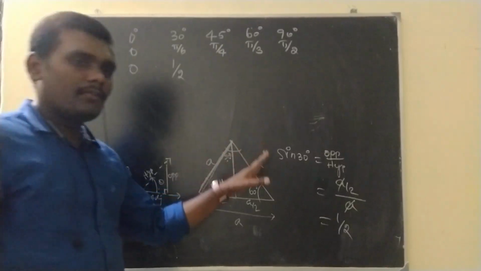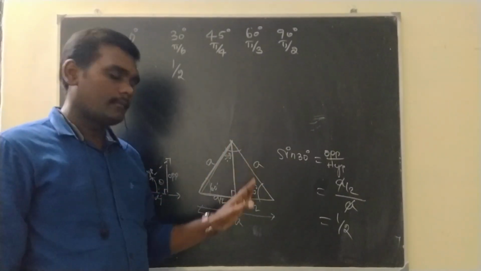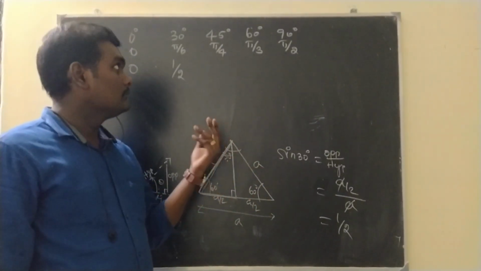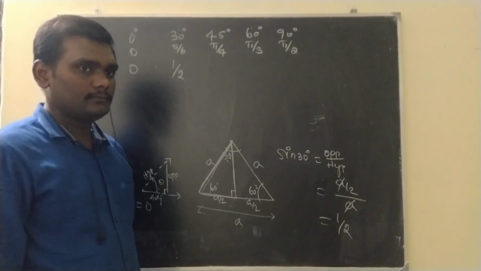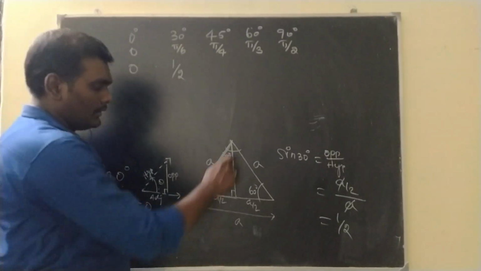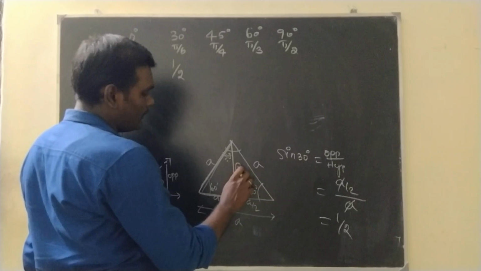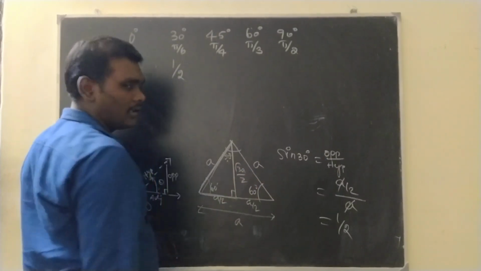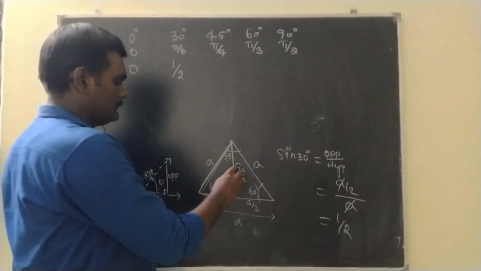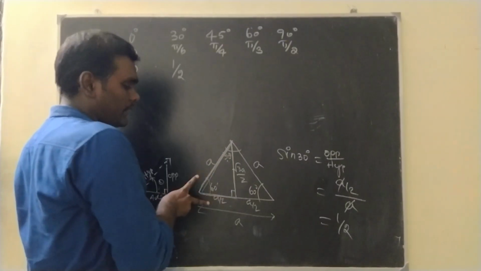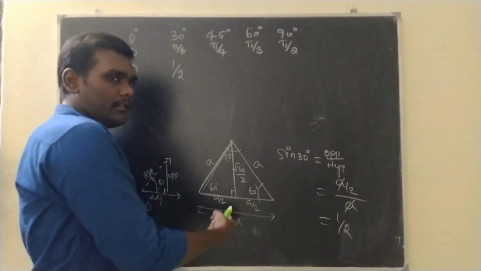In this triangle itself, we can find the value of sine 60 degree as well. How? The height of the equilateral triangle is root 3 a by 2, by using Pythagoras theorem. If you use Pythagoras theorem, these two sides are known and this is unknown, so you can equate.